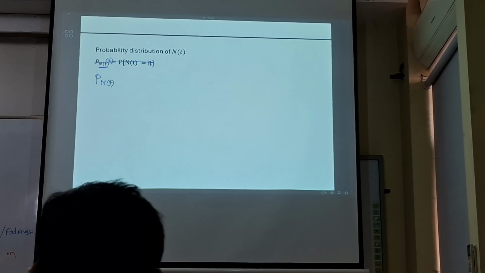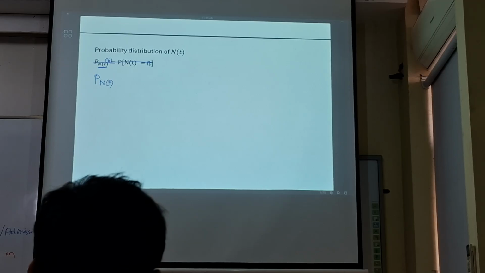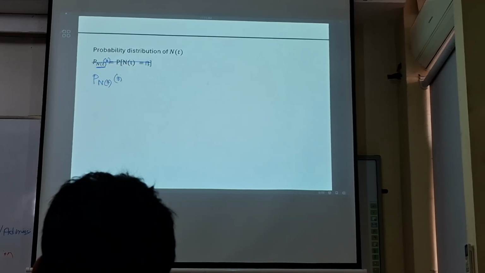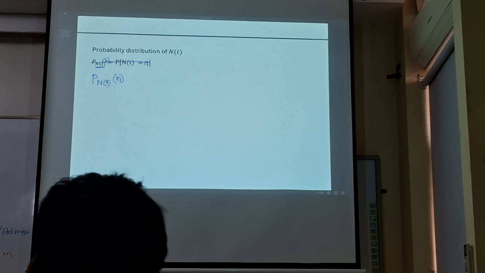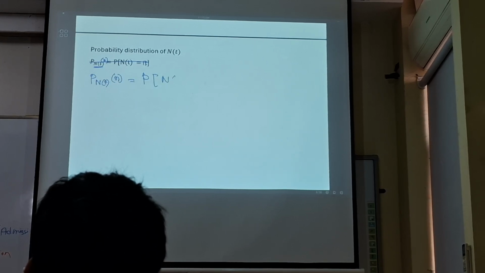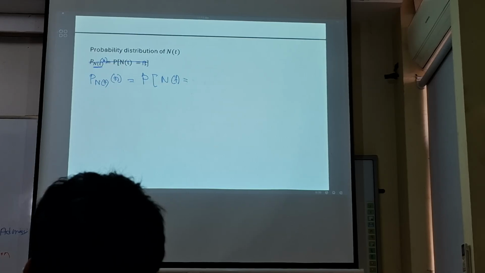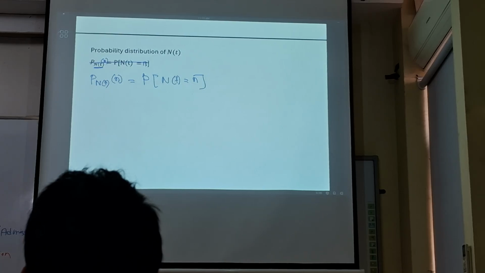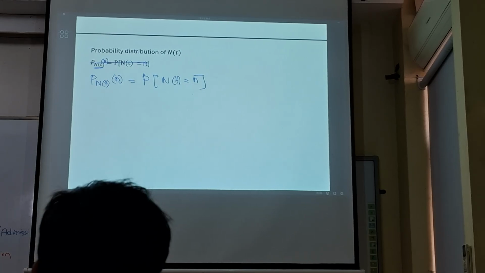N of t, the number of renewals up to time t, is the random variable, and we want to know the probability that it has a value small n. This is the probability that N(t) equals n. What will be the distribution of this one? To calculate it, you will find it in the book.